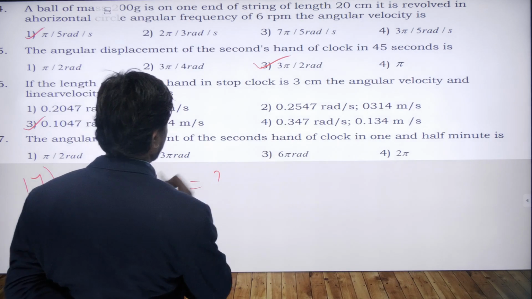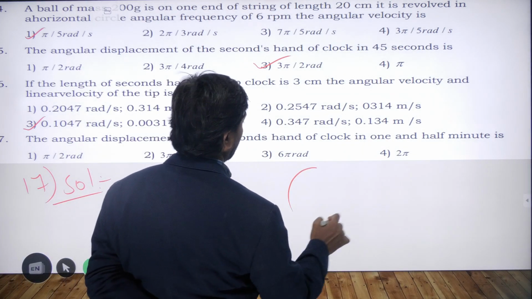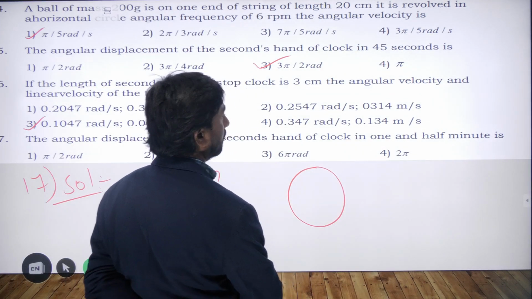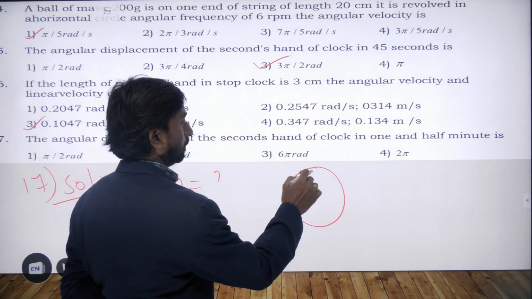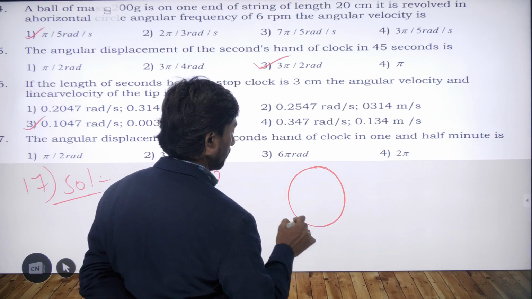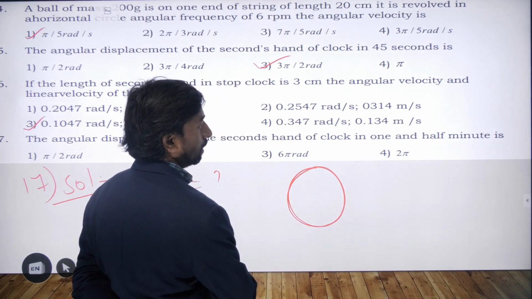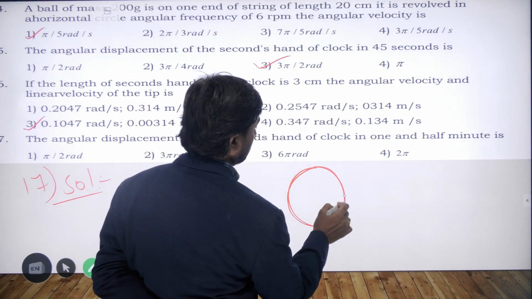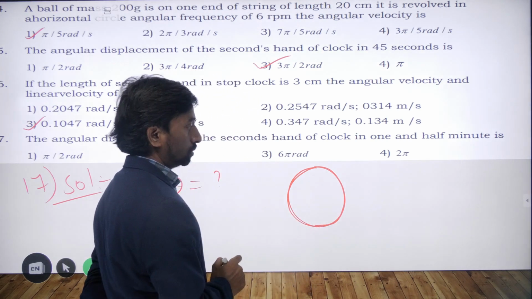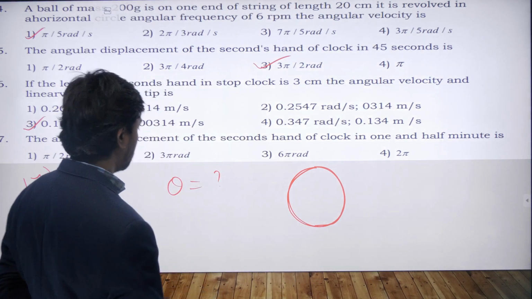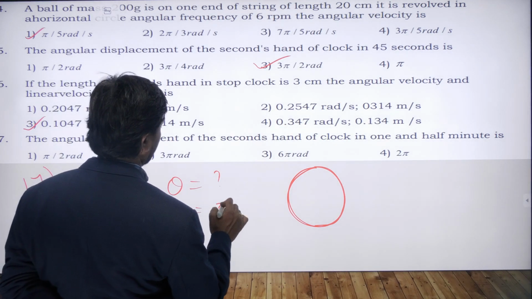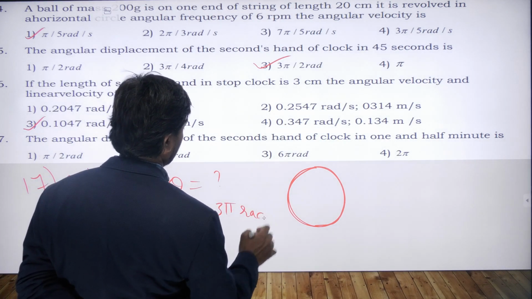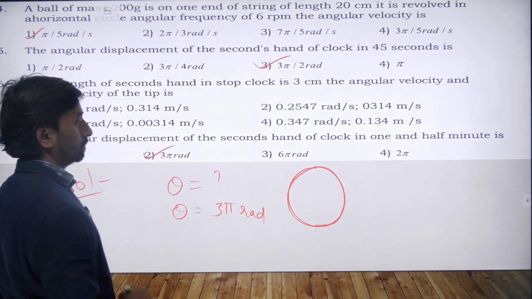In 1 minute the seconds hand completes one full rotation, 2 pi, and in half a minute it completes 2 pi by 2, so pi. So we can add them. Theta is equal to 3 pi. 3 pi radians is the answer.